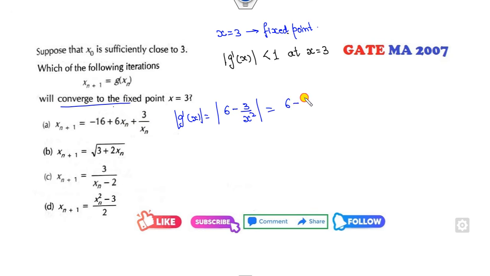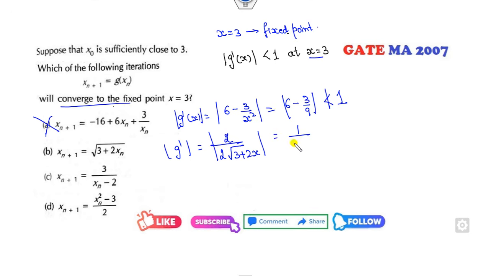So this will be 6 minus 3 over 9, which is not less than 1. Look at the second option. What is g dash? It will be 1 over 2 times the square root of 3 plus 2x, into 2. Now at the point 3, it is less than 1. Yes, this is the correct answer.